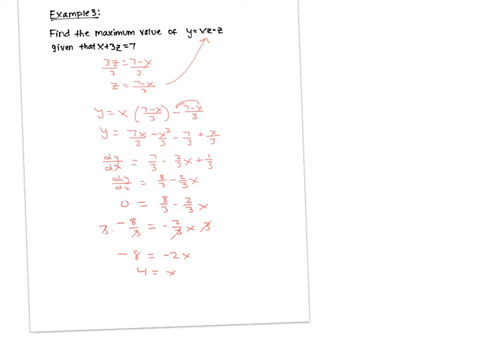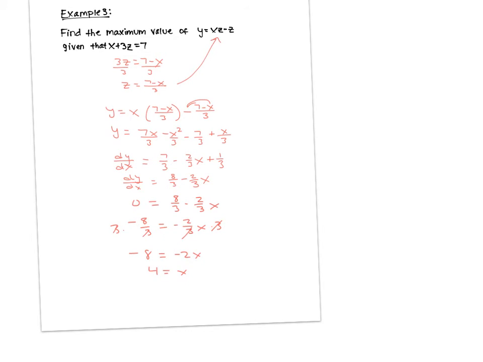So over here, I'm going to say, okay, well, our second derivative is going to be, let's see, the 8/3 will differentiate to 0, and the negative 2/3 x will differentiate to negative 2/3.